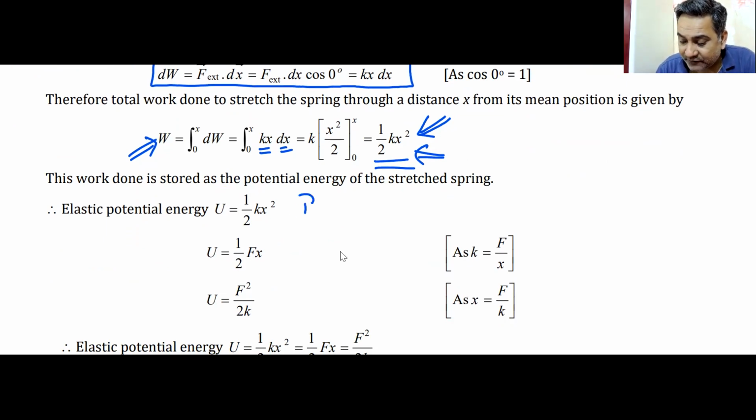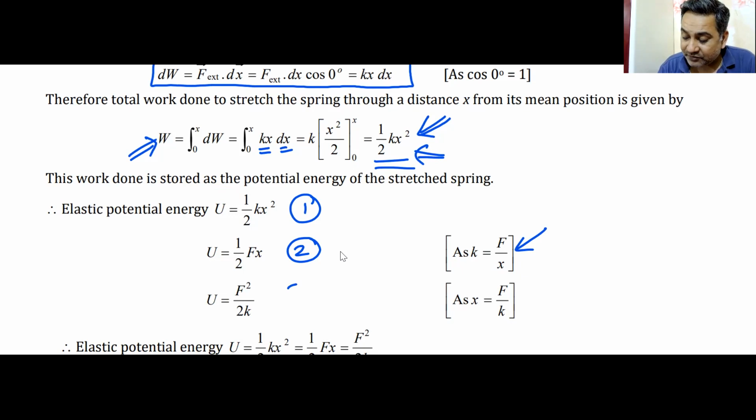The first formula we all are aware of is half kx squared. The second formula, which you had to find out on your own in the paper, is half F into x. How does this formula come? You just substitute k as F by x, and formula number 2 comes into the picture.